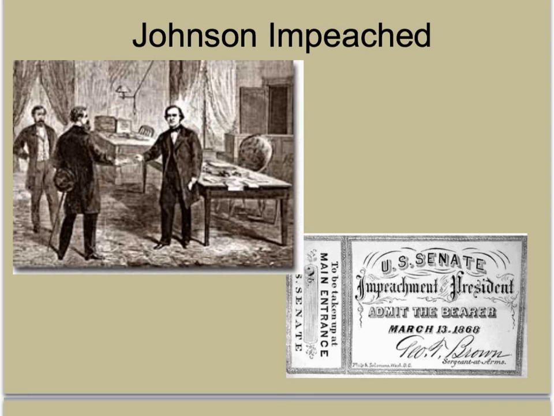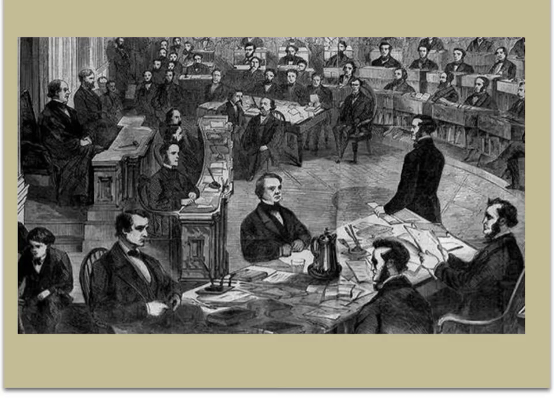And therefore, the House voted to impeach him in February of 1868, and things were turned over to the Senate, where after the 11-week trial, Johnson was saved by being only one vote short of the necessary 2/3 vote in the Senate of dismissing him.